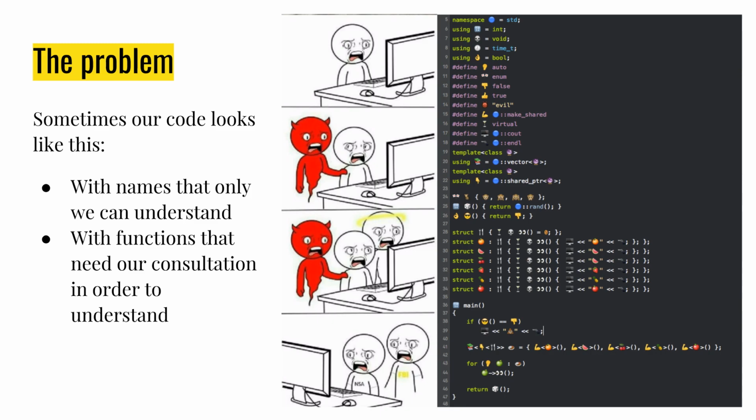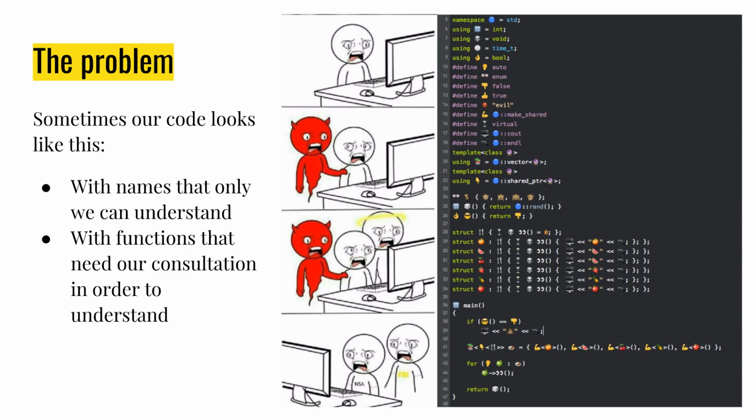So imagine if we used names that were arbitrary, like in the picture, with emojis encoding our typical types or symbols. That would be horrible.